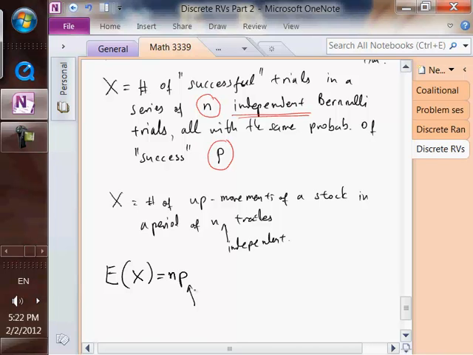So if I know that my bond goes up or my stock goes up, what is the expected rate of return at the end? It will be n, how many times I trade it, times the probability that it goes up per trade. That's the simple model.